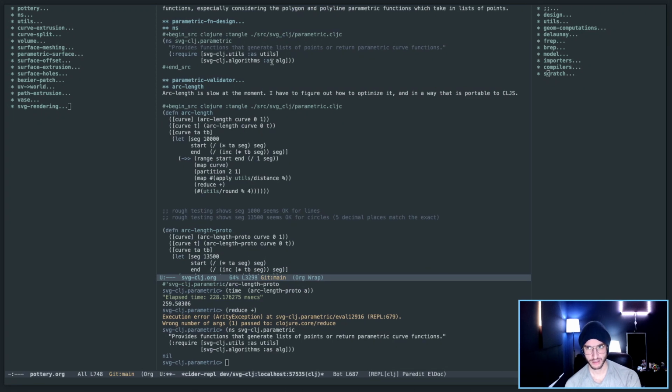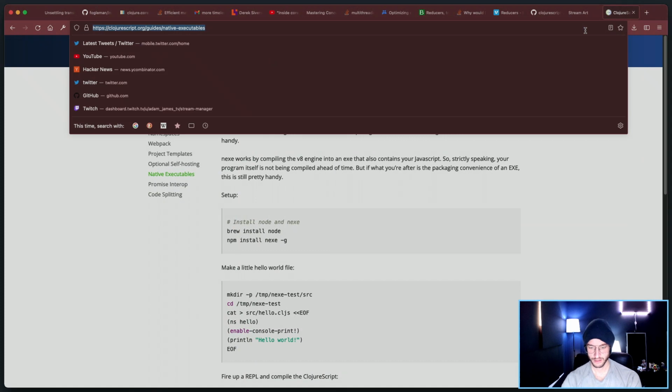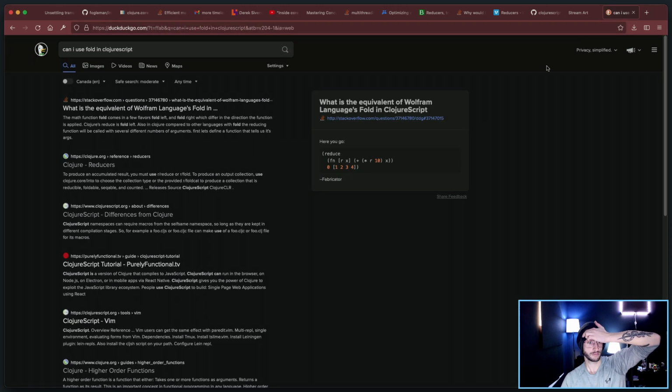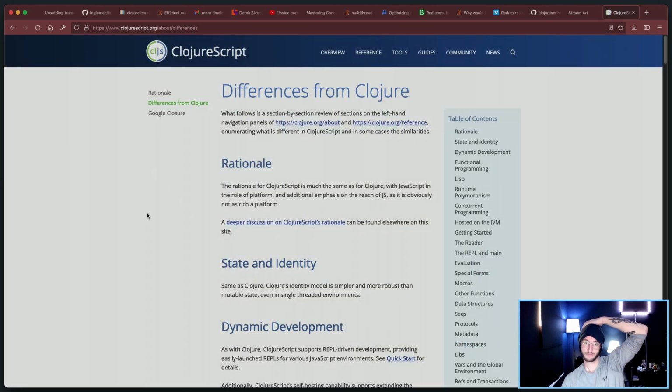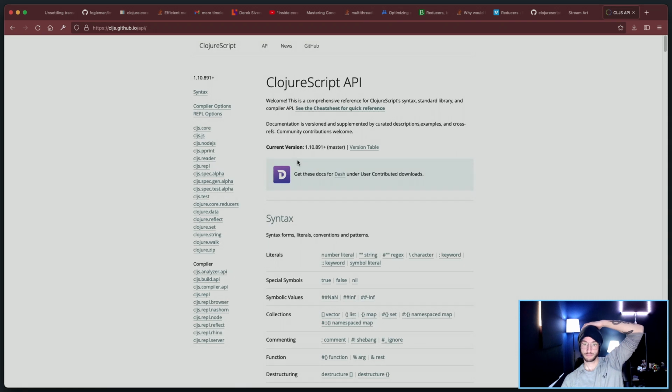Maybe... can I use fold in ClojureScript? It is here. Okay.